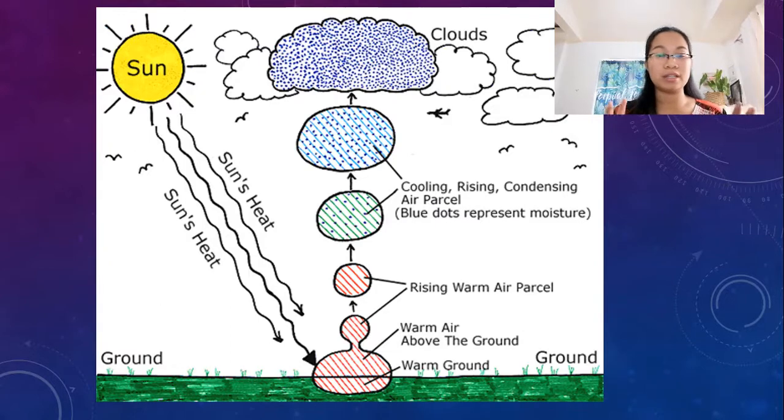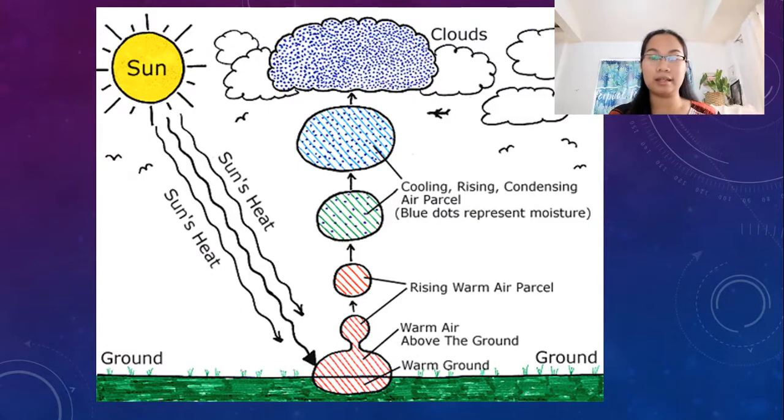If there are condensation nuclei and the air is saturated, then clouds are formed. But in the absence of condensation nuclei, clouds can still form. However, it will only form if the relative humidity is higher than 100%. So even though there are no condensation nuclei, if the relative humidity is greater than 100%, then clouds will form.